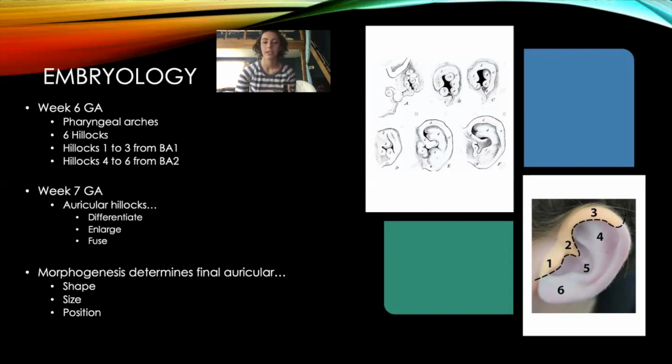So during the 7th gestational week, the auricular hillocks begin to differentiate, enlarge, and eventually fuse. So this morphogenesis determines the final auricular shape, size, and position. The ears gradually move from their initial position low on the neck up to the final, more cranial position. So you can see that all right here. And this is what our ear looks like, and this is how the different hillocks fuse together.